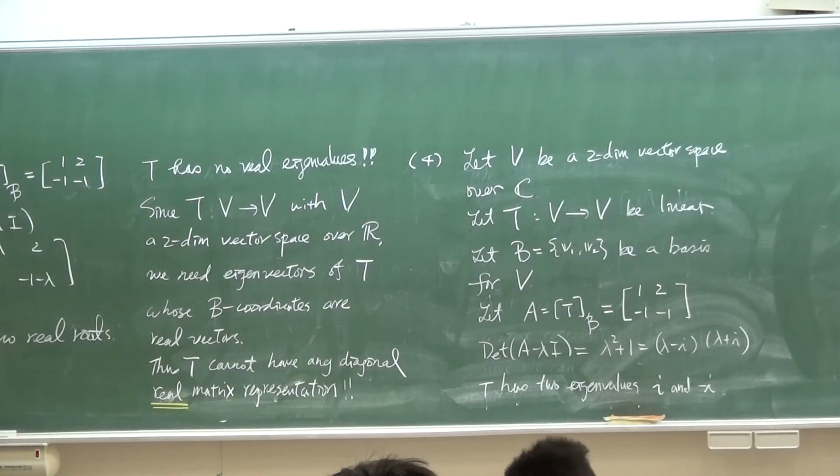For example, in this example, we have eigenvalue 2 and its multiplicity is 2, but we can only find one linearly independent eigenvector. We cannot find 2. And this situation will occur in the complex domain.